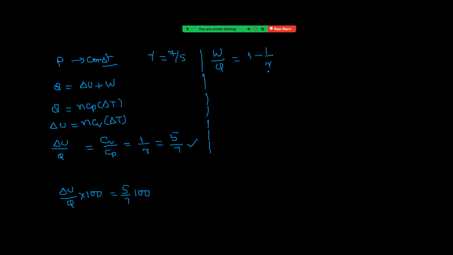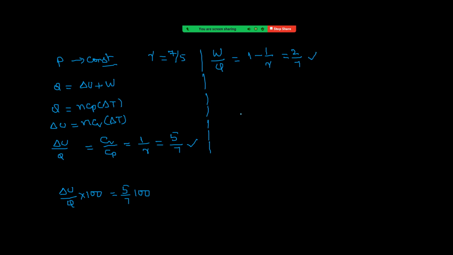This is the fraction of heat energy that converts into work done. In this problem, the total value is 1, and 5 by 7 goes to internal energy. The remaining is 2 by 7. This is the fraction of heat energy that converts into work done.